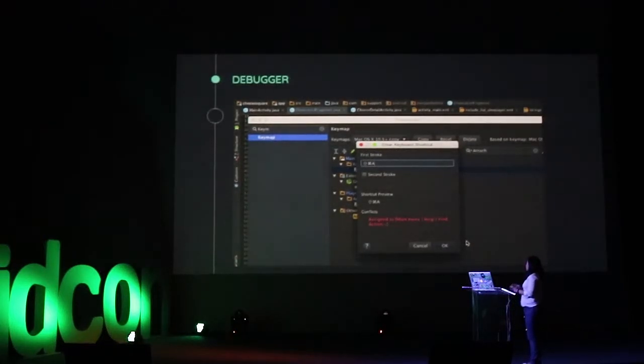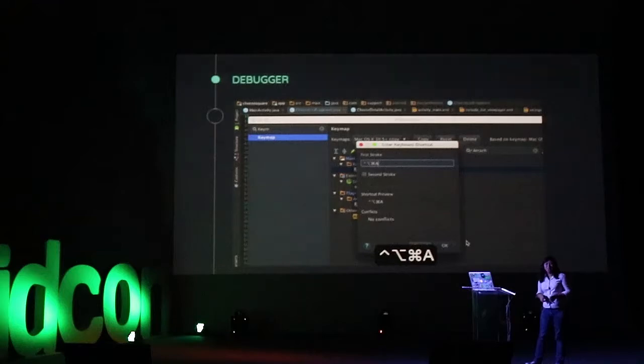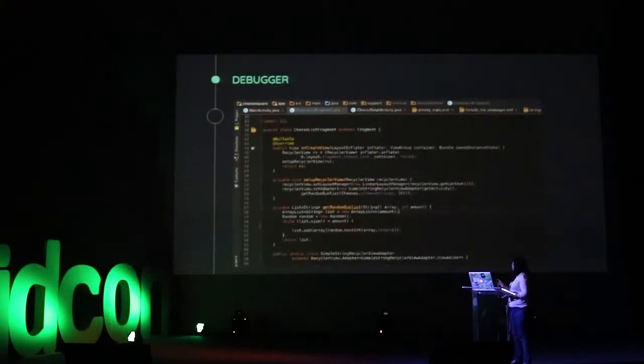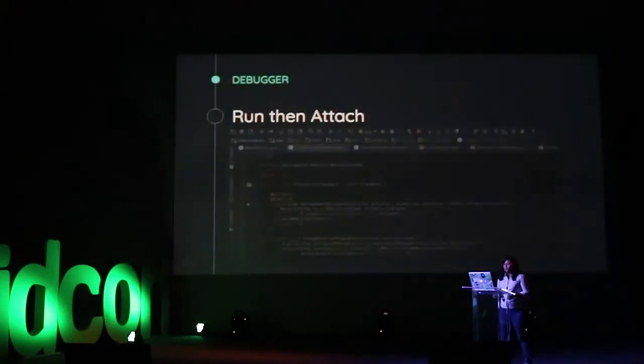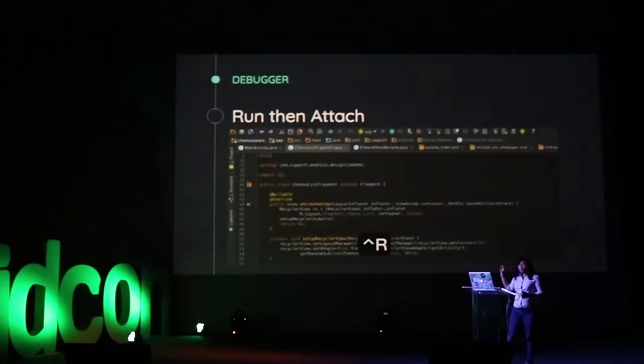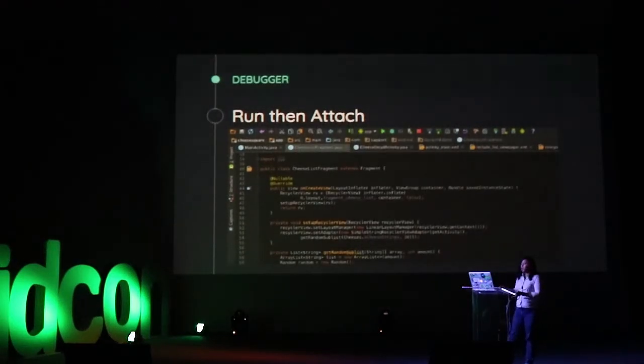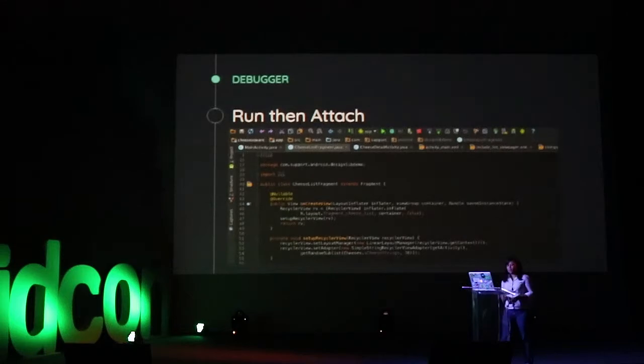You can try as many times as you need until you get a shortcut that doesn't clash with anything currently. Once you've defined that, you can press Ctrl-R to run the app, and then your new shortcut to attach the debugger to the process. So, easy peasy.